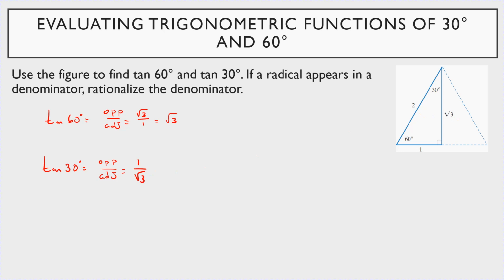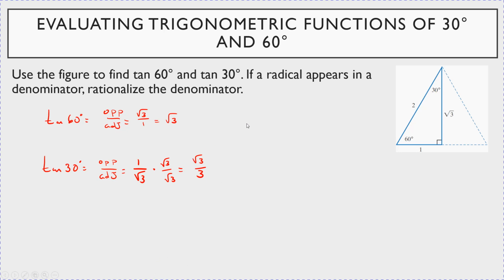So then here you just have to rationalize this denominator, right? And so, hopefully remember how to do that. So this just becomes the square root of 3 over 3. All right, so we're getting there.